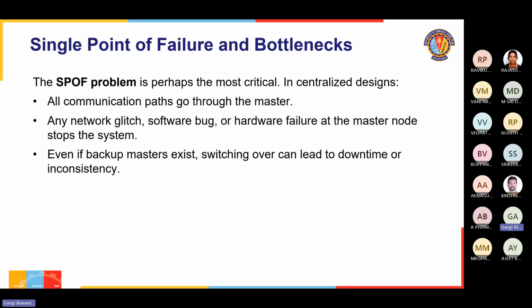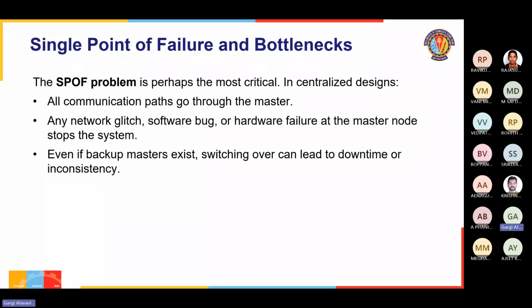So out of the problems we've discussed, the single point of failure and bottleneck is perhaps the most critical. Why is it critical? All communication paths will go through the master. Any network glitch, software bug, or hardware failure will stop the system.